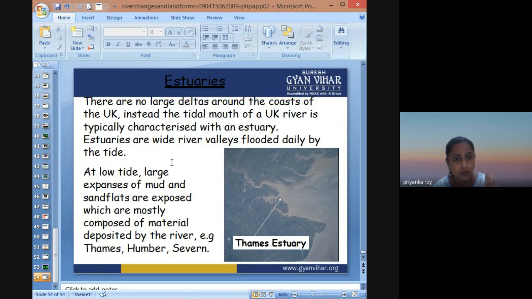At low tide, large expanses of mud and sand flats are exposed, which are closely composed by the river. The Thames, Humber and Severn are some types of estuaries in this part.